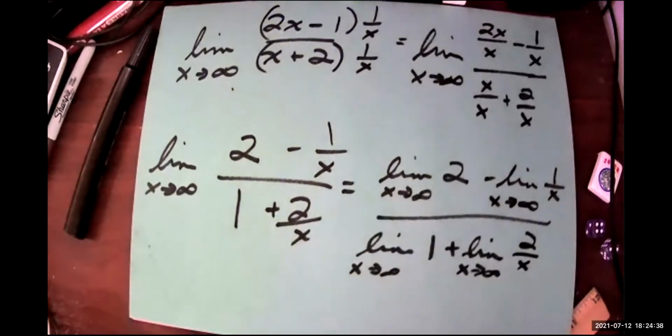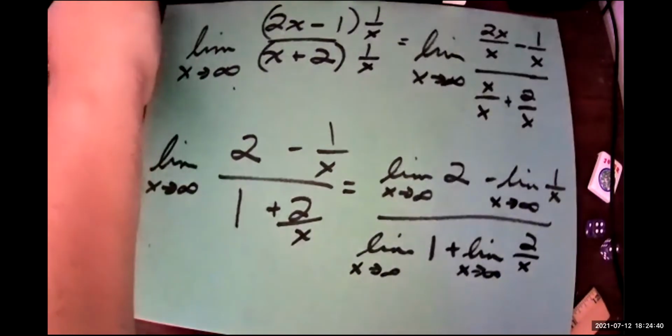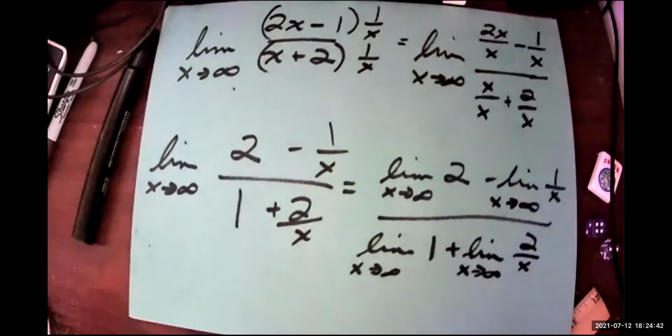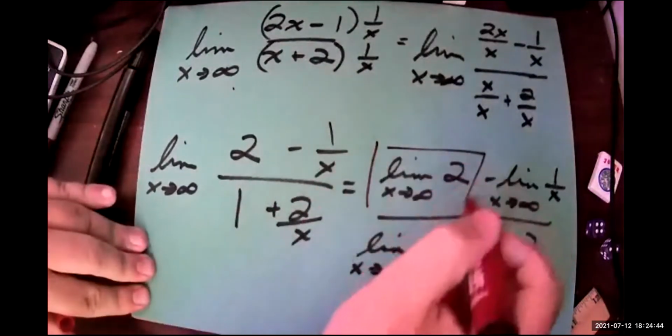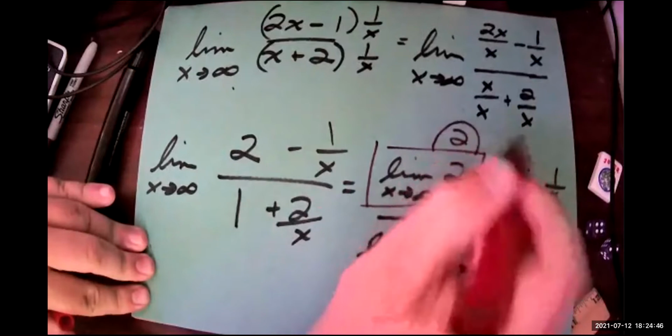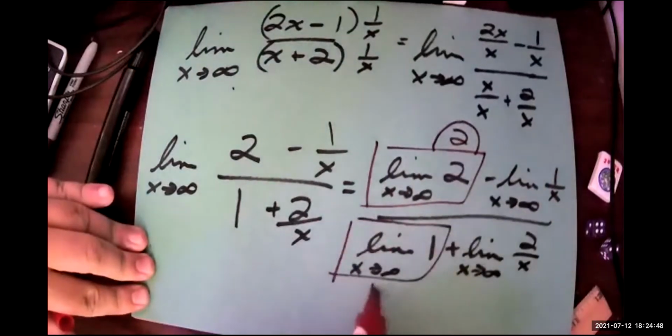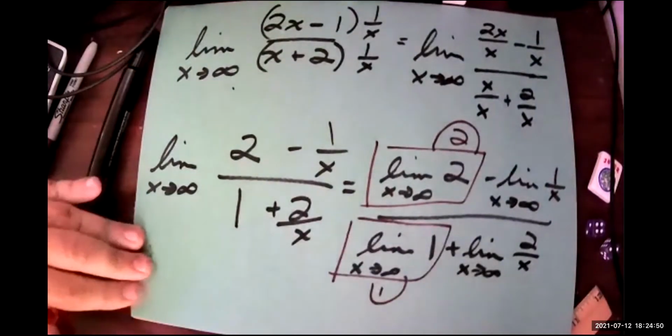Try to use color to make this clear. We've already learned that if you don't have a variable in there, this is just 2, and this is just 1, right? That makes sense, doesn't it?